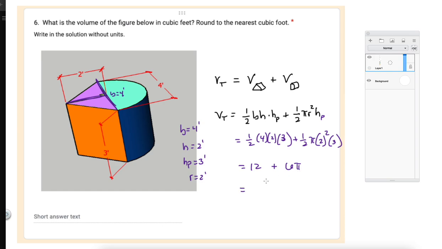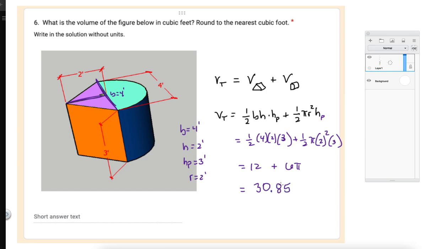So this is 12 plus 6 pi, and I said to round it to the nearest cubic foot, so I can get my calculator out here. 12 plus 6 pi, 30.85.